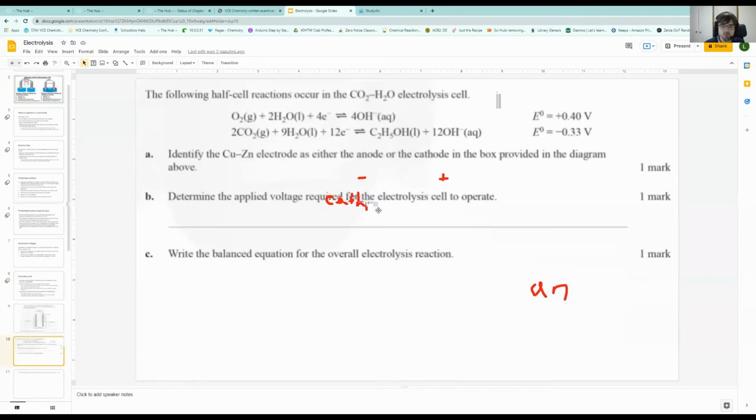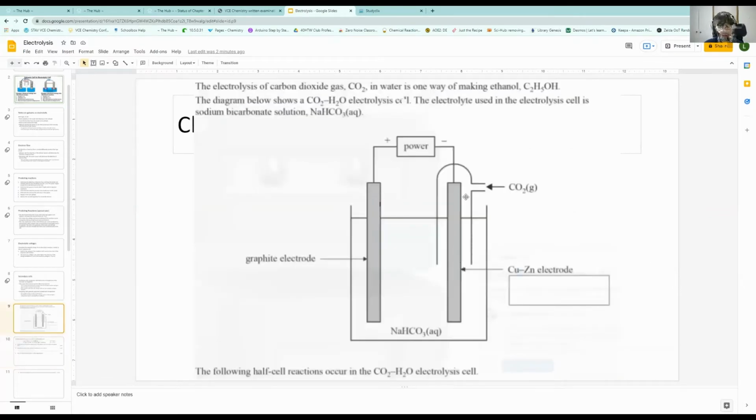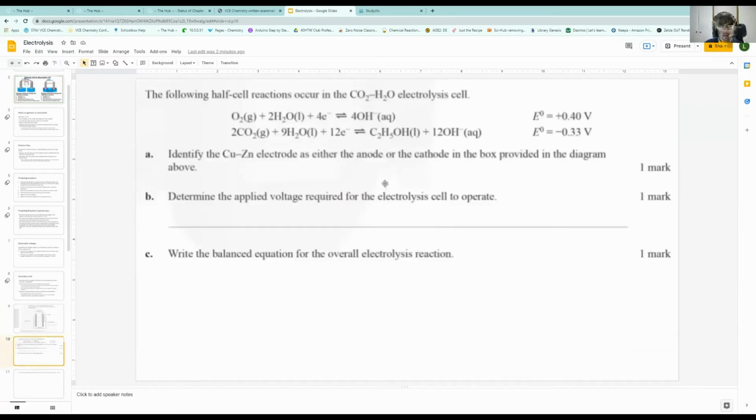Determine the applied voltage required for the electrolysis cell to operate. So again, we're going to look at what is going to be reacting here. So over here at the copper zinc electrode, we've got some carbon dioxide coming in on one side. So we've got that coming in here.